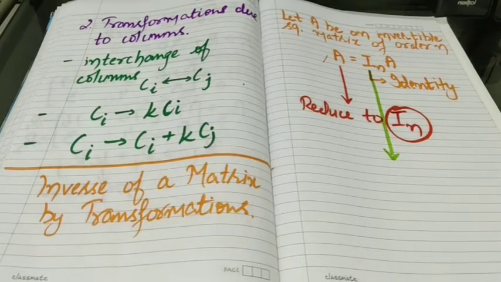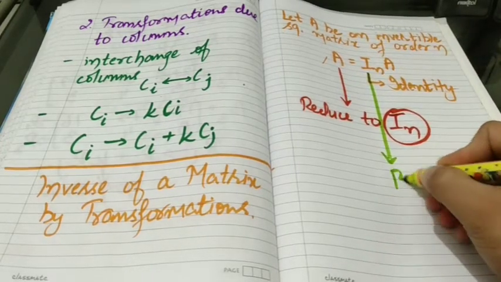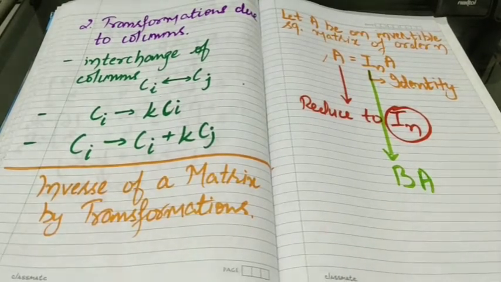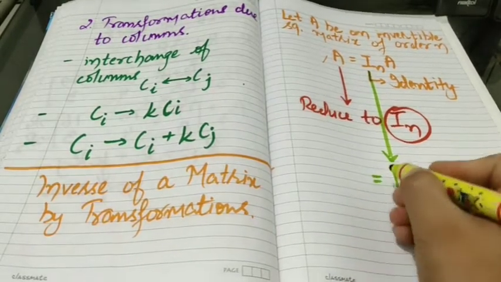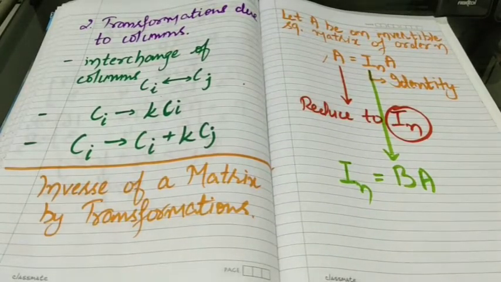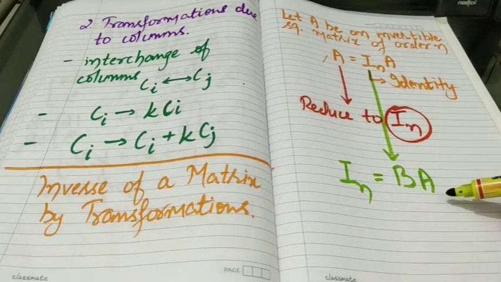So here we apply the same elementary operations along rows on I so that it gets converted into B, whereas A will remain as it is, such that their product equals the identity matrix of the same order. So we get the result In equals matrix B into matrix A.